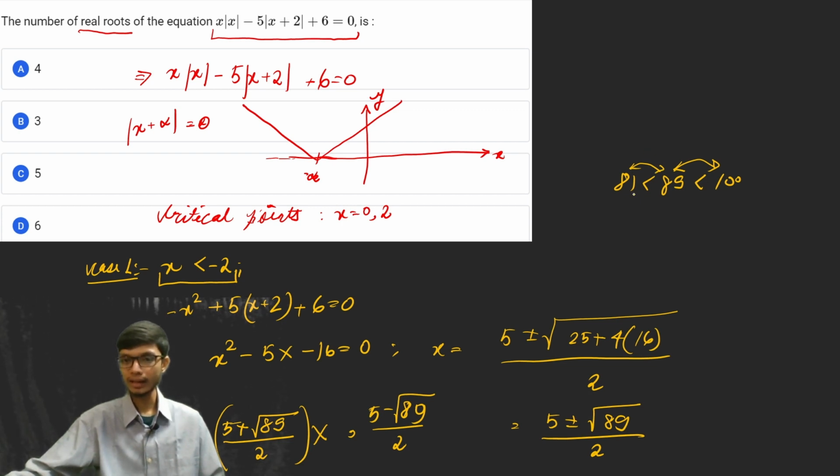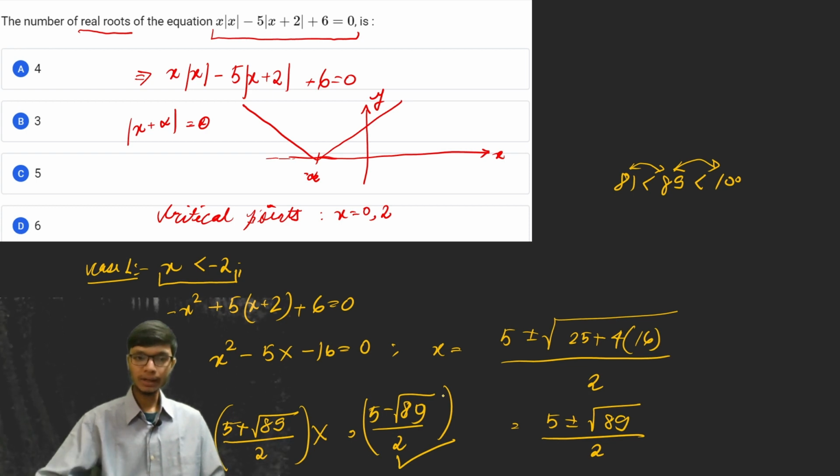So if I consider 81, then square root of 81 is 9, and 5 minus 9 is minus 4, and minus 4 by 2 is minus 2. But the x value should be less than minus 2, so this particular value is acceptable. From this case, I only get one solution, and that is x is equal to 5 minus root under 89 whole divided by 2.